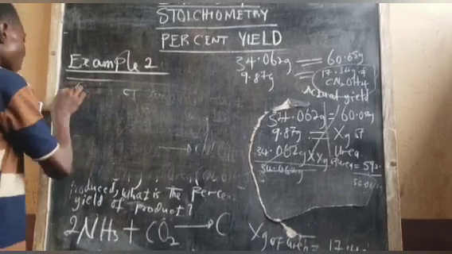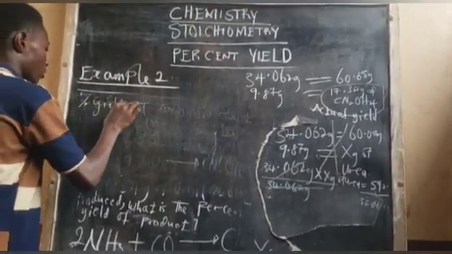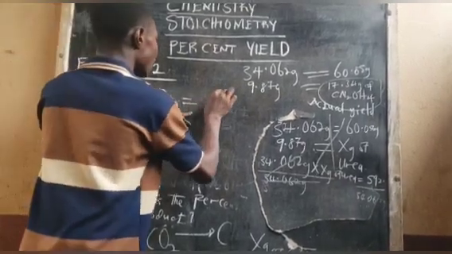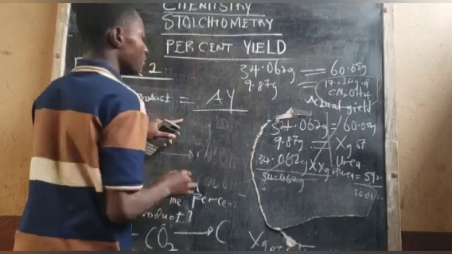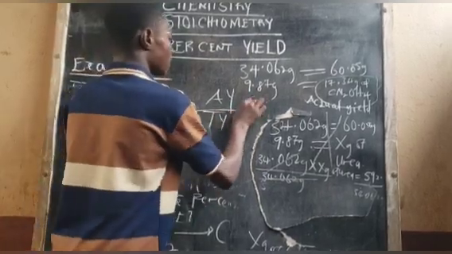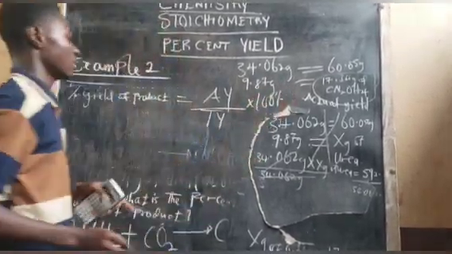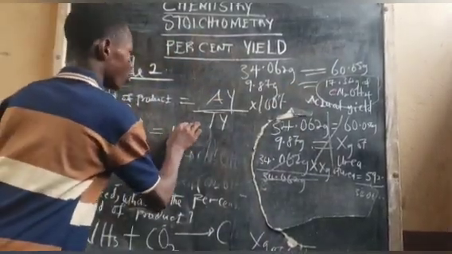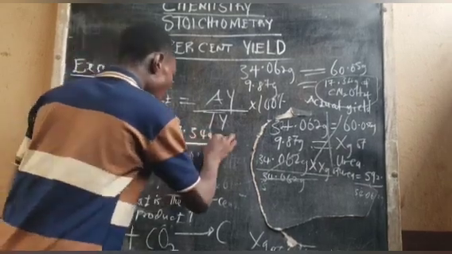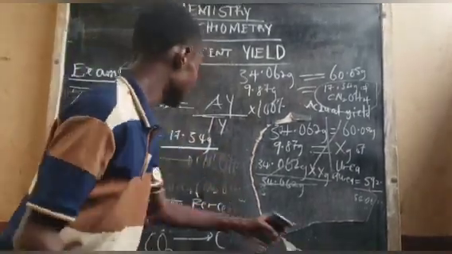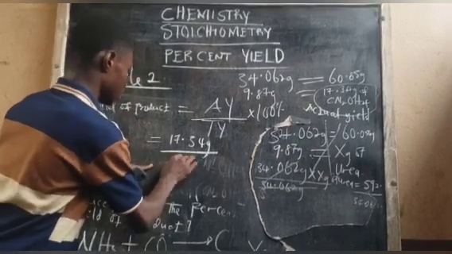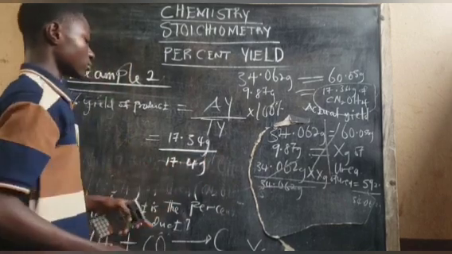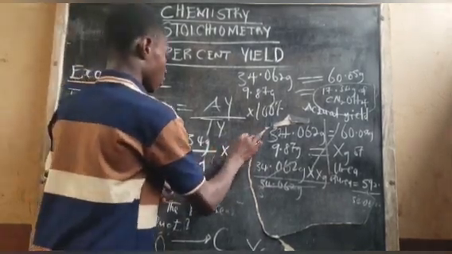So, percentage yield of product is equal to actual yield divided by theoretical yield multiplied by 100%. Now, what is my actual yield? It's 17.34 gram, all divided by my theoretical yield, which is 17.4 gram, all multiplied by 100%.